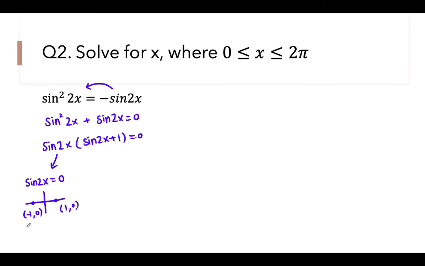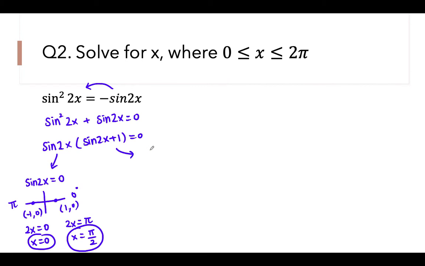So we could say that 2x is equal to 0 and 2x is equal to pi, because this is 0 degrees or 0 and this is pi in radians. So therefore x is equal to 0 and x is equal to pi over 2. So these are the 2 angles that are possible for this factor.